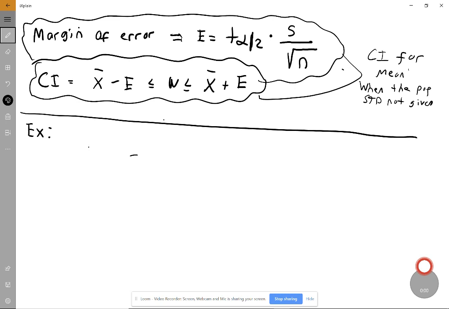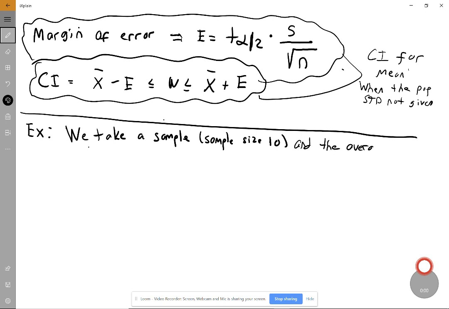Example: let's say that we take a sample of size 10, and the average turns out to be 80 with a sample standard deviation of 4.